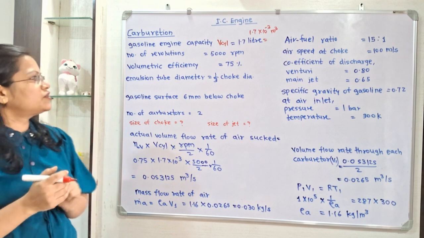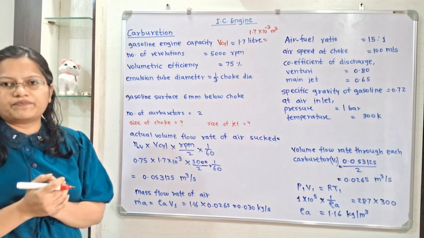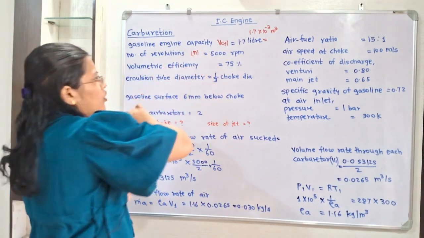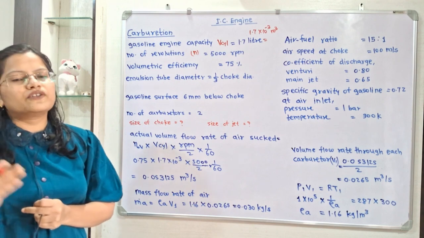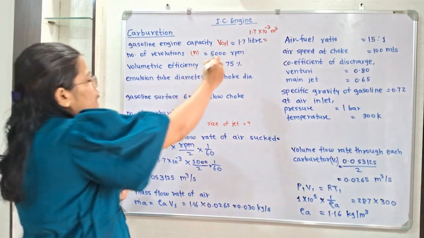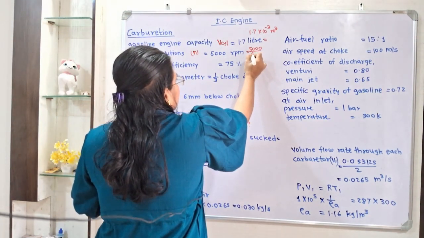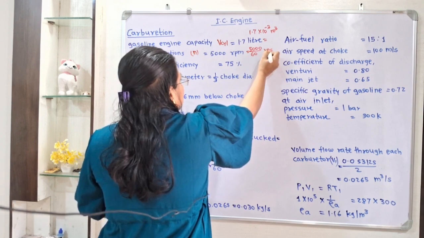Number of revolutions is 5000 rpm. The notation is small n, and the standard unit is rps. So it is equal to 5000 divided by 60 rps.